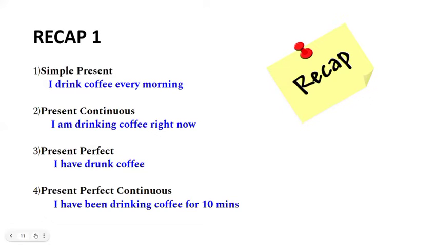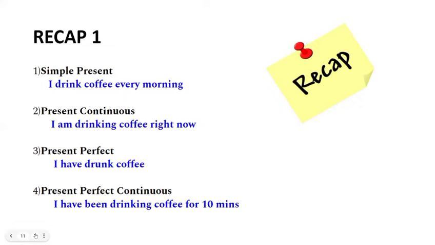I'm drinking coffee right now is in the present continuous tense. This means I'm doing this action, drinking coffee, at this moment. I have drank coffee is in the present perfect tense. It focuses on the completion of the action and does not mention the exact time.